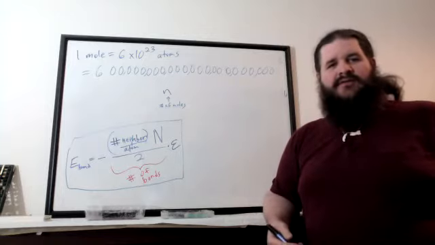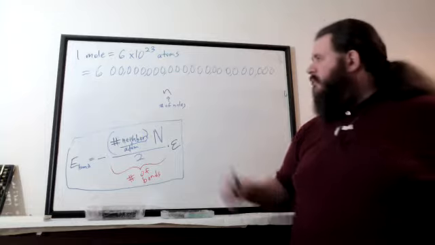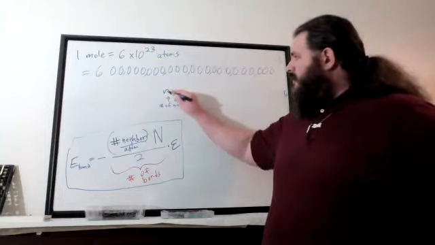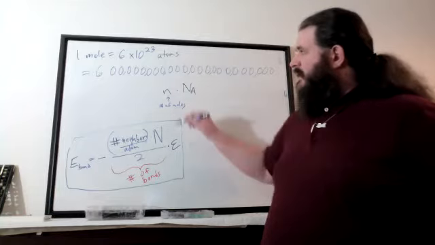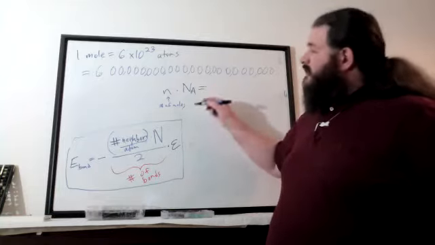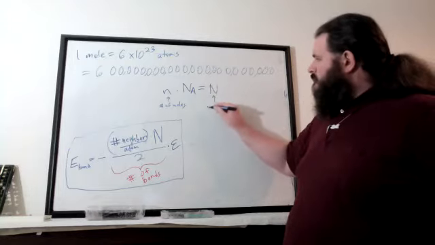How would you convert 5 moles into a number of atoms? 5 times Avogadro. You just take the number of moles, lowercase n, multiplied by Avogadro's number, 600 hextillion, sorry, and that tells you the number of particles, capital N.